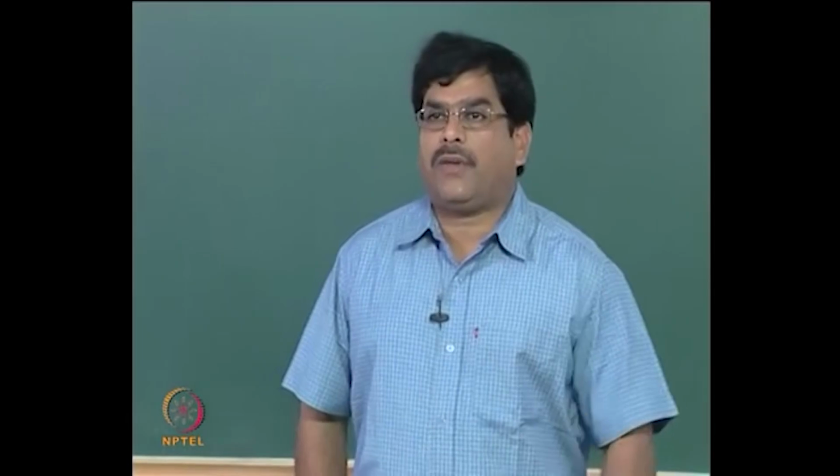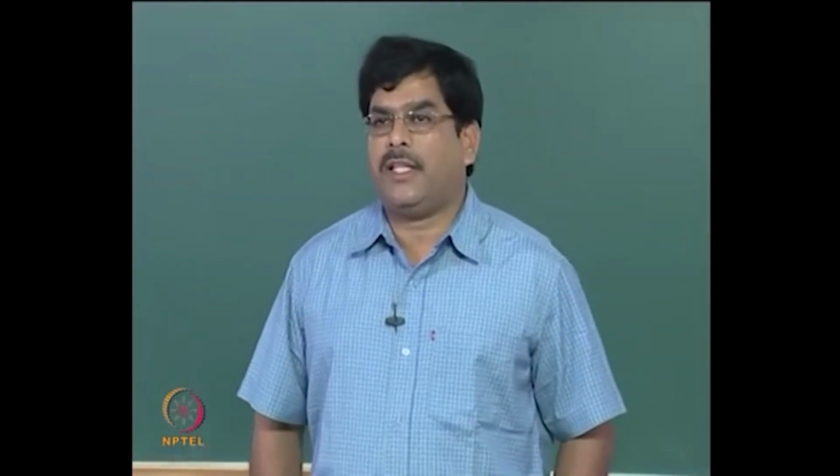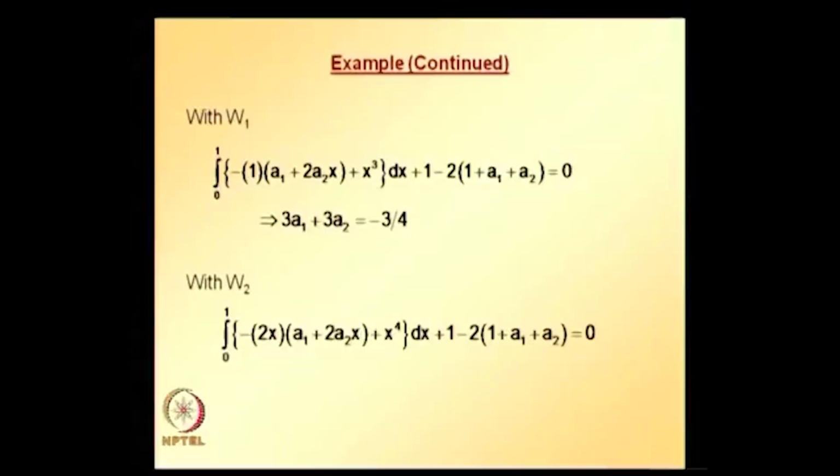And when i takes value 2, you get this equation, that is you need to substitute W2 and the corresponding trial solution and derivative of the trial solution, which simplifies to this equation.